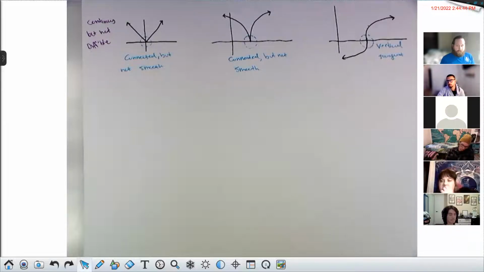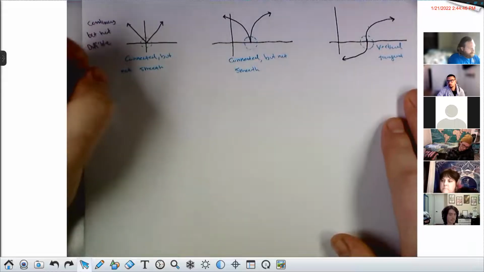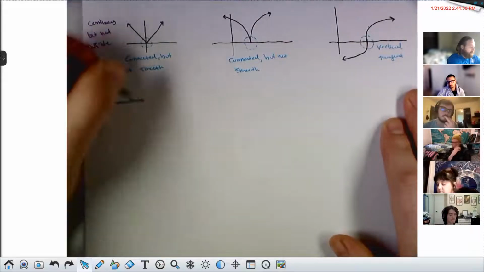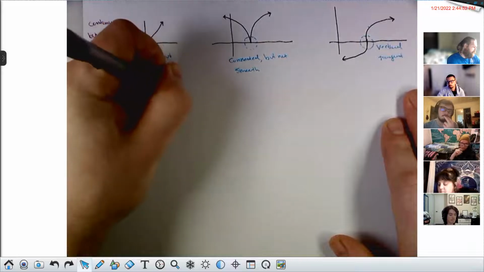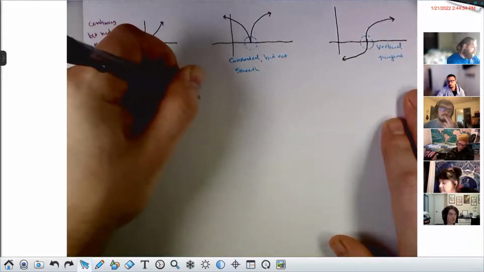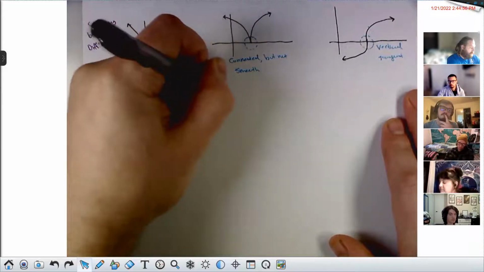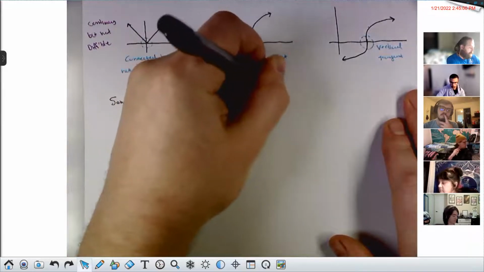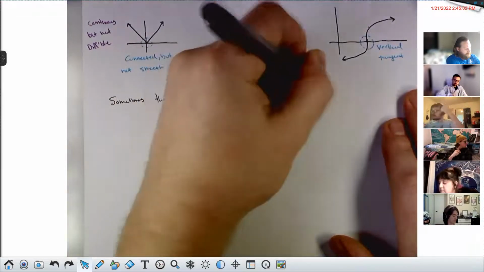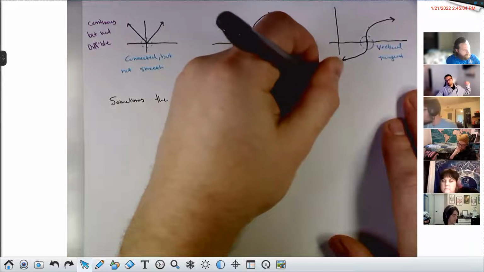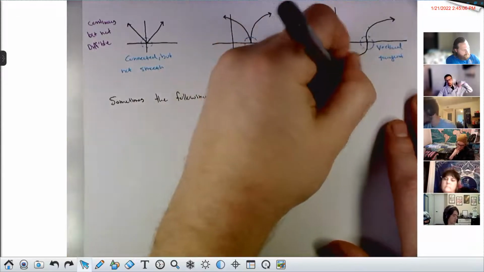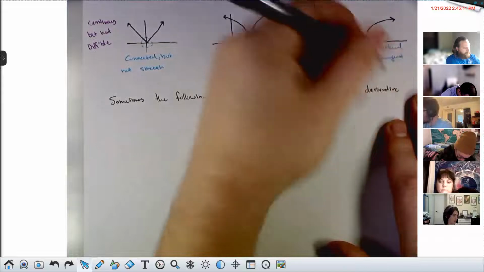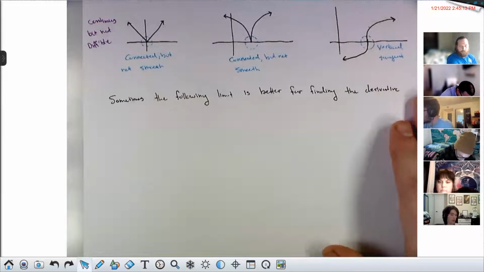Sometimes it's more convenient. So, sometimes the following limit is better for finding the derivative.